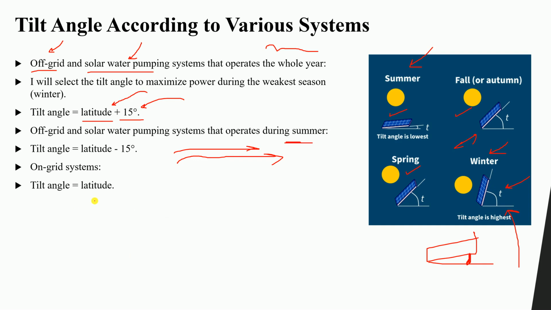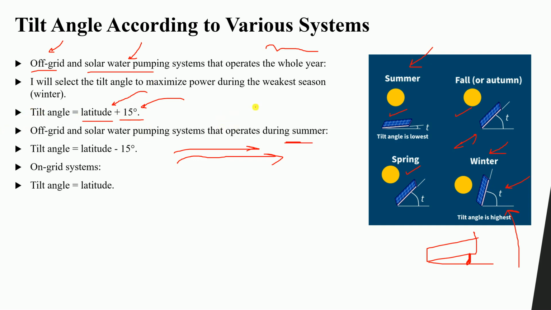Okay, why? Because if we are, for example, in winter and the panels are generating a lower amount of electrical power, I will get the excess or any extra amount of power needed from the electrical grid. However, with the off-grid system, you are not connected to the grid, so you need to have electrical power through the whole year, not the maximum power, but we need power through the whole year.